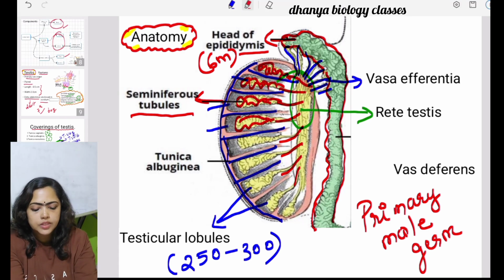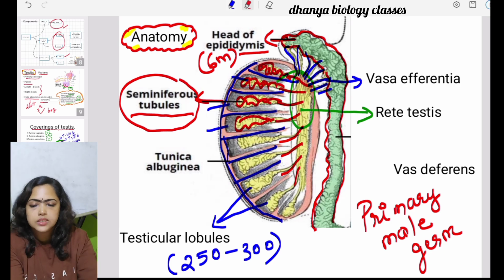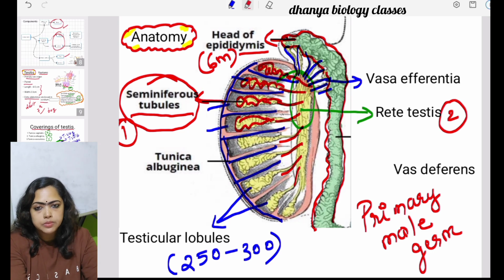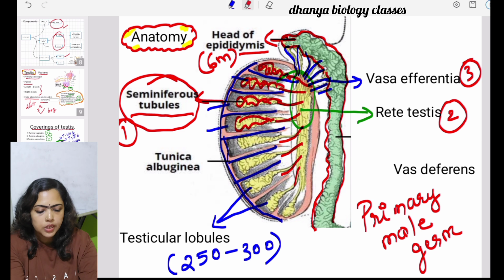So tell me the pathway of the sperm. The sperms are produced within the seminiferous tubule, and from the seminiferous tubule, where does it reach? First the seminiferous tubule, then the rete testis, and from the rete testis the sperms are transported to the vasa efferentia, and from the vasa efferentia the sperms are transported to this particular part, that is the epididymis.